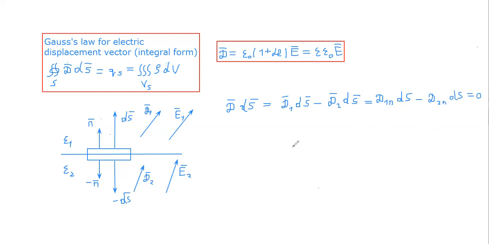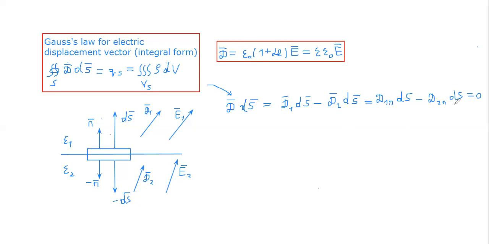Why? It is equal to 0 because there are no free charges. If they are present, they have to be taken into account separately. But now we are learning the case when there are no free charges on the border between dielectrics, and in this case Q is equal to 0, so we have 0 in the right part of Gauss law.